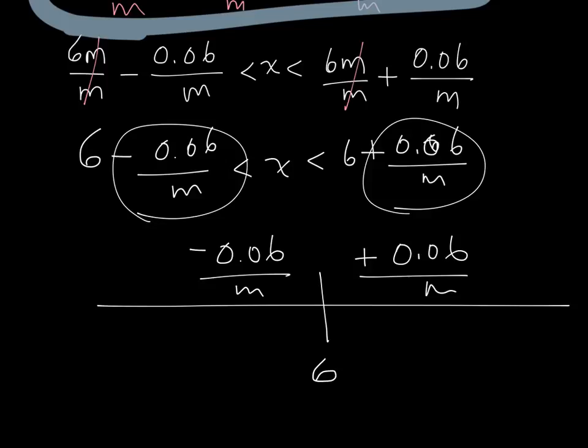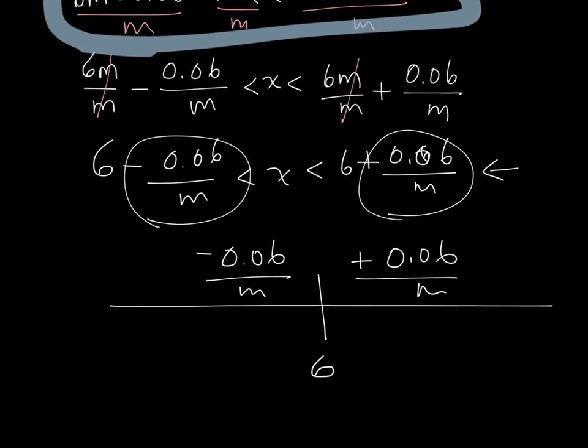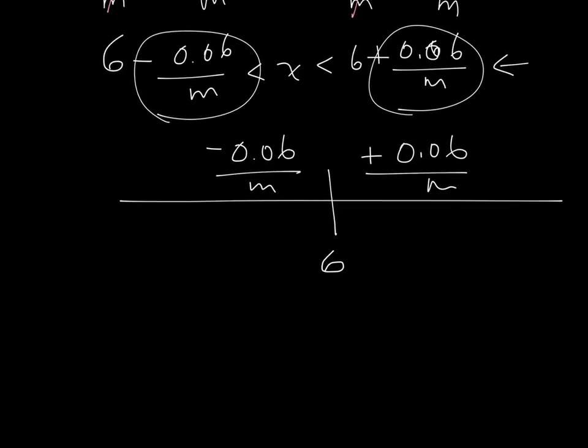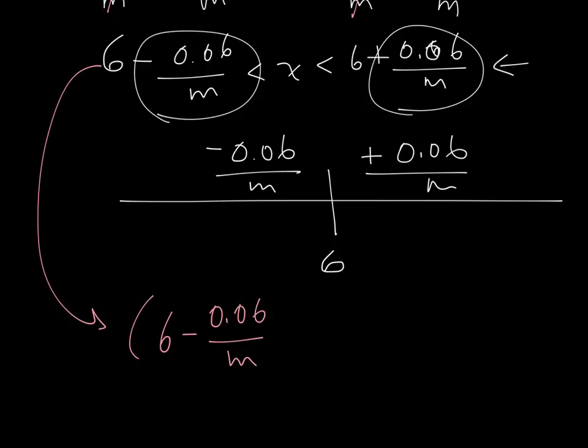So the first part of this question wants this interval. And don't forget interval notation. Let's side note: 6 minus 0.06 over m, comma, 6 plus 0.06 over m. So that's my interval.